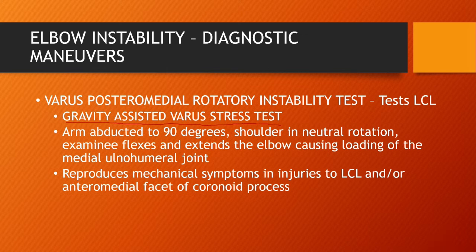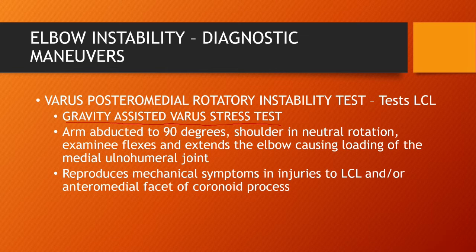With this test, the arm is abducted to 90 degrees. The shoulder is now in neutral rotation, neither internal nor external rotation. And then the examinee simply flexes and extends the elbow, causing loading of the medial ulnohumeral joint. So imagine a bodybuilder posing his biceps muscles by flexing and extending the elbows with the shoulder in neutral rotation.